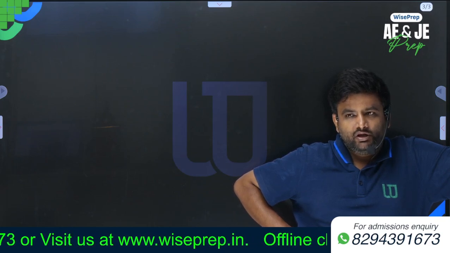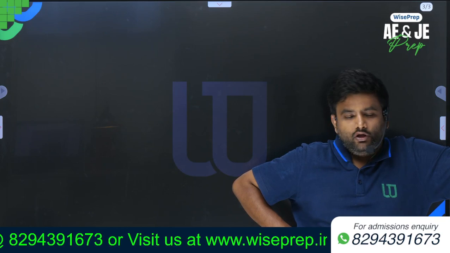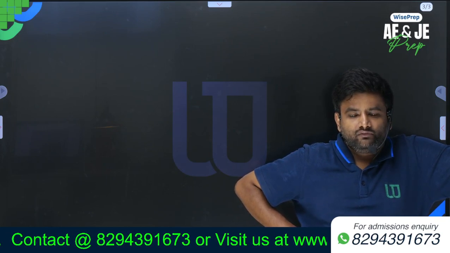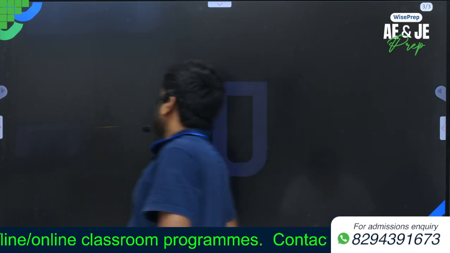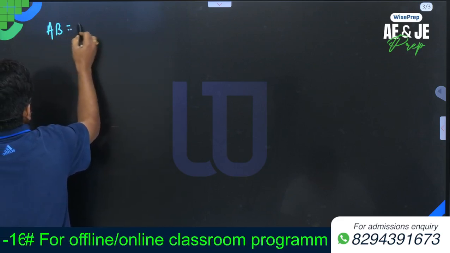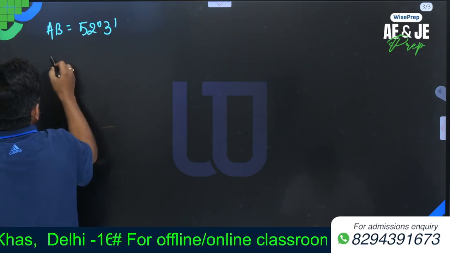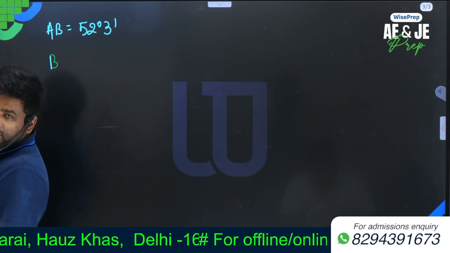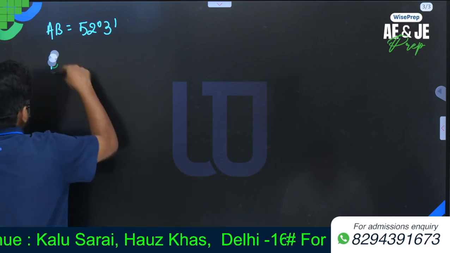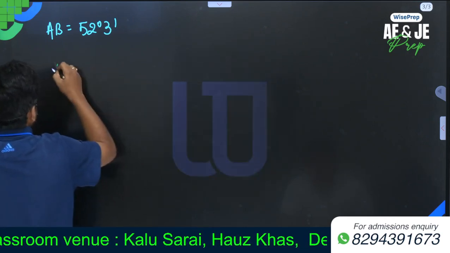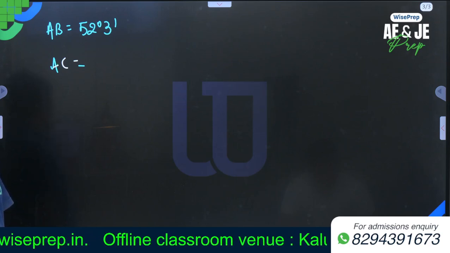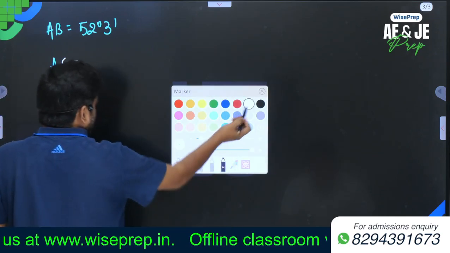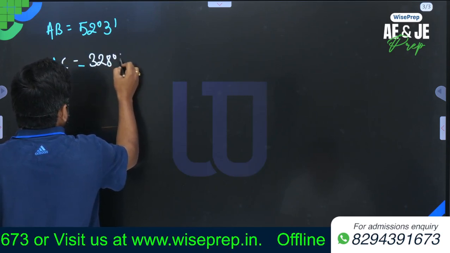The respective bearings are 52 degree 3 minute and 328 degree 45 minute. AB is 52 degree 3 minute and AC is 328 degree 45 minutes.